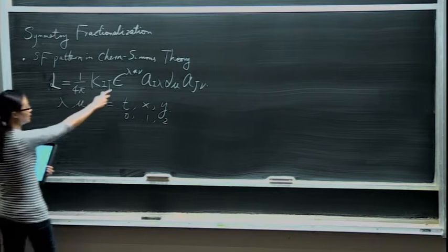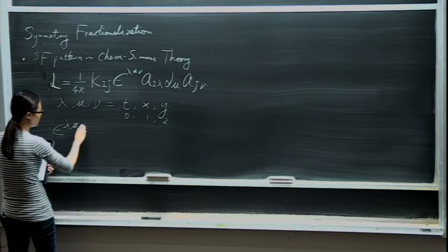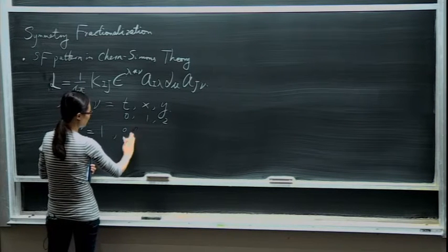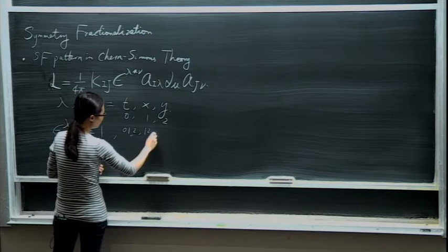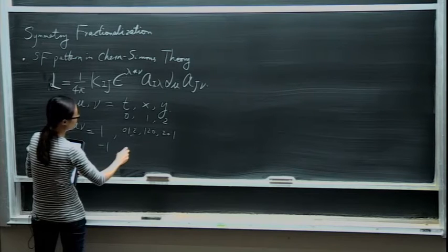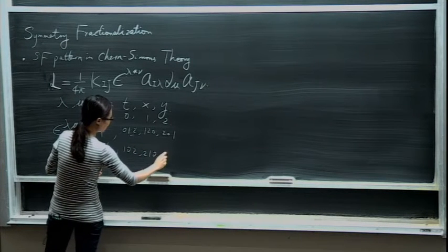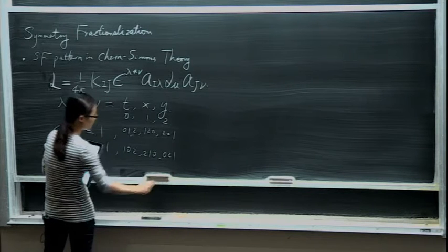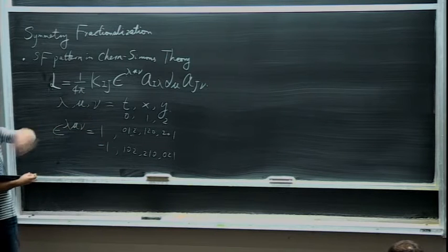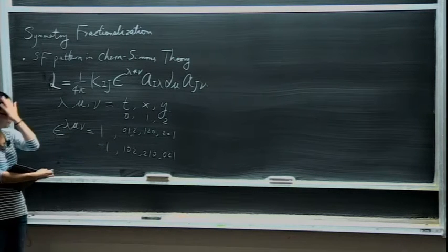This epsilon is 1 if the labels go as 0, 1, 2, 1, 2, 0, 2, 0, 1, and it's -1 if the labels go as 1, 0, 2, 2, 1, 0, 0, 2, 1. So we need all three labels to be different, and if they go cyclic, it's 1. If they go in the opposite direction, it's -1.